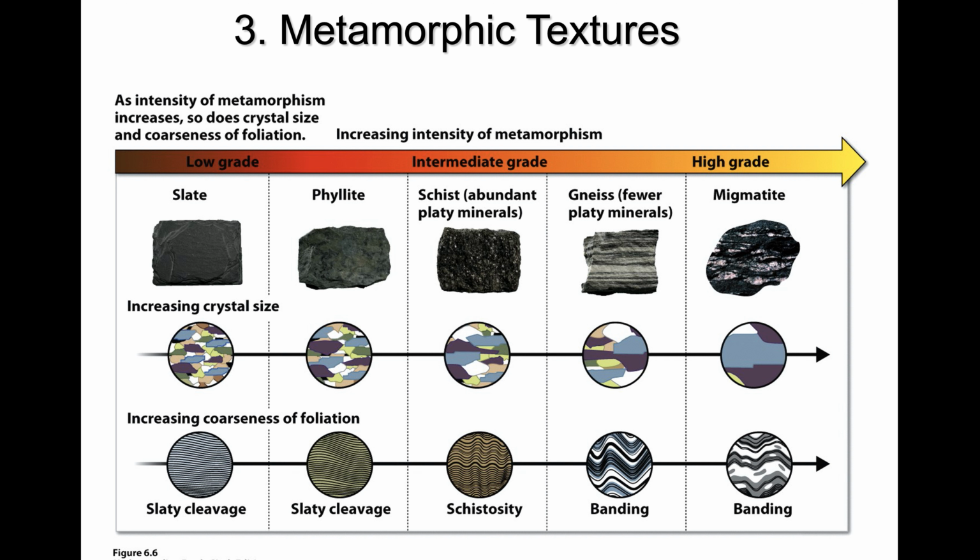When we go from the slate to a migmatite, we increase the crystal size, and we can also observe an increasing coarseness of the foliation. In our slate we have a slaty cleavage. The phyllite still shows a slaty cleavage, whereas in the schist we can observe a schistosity. In the gneiss we can observe banding, and in the migmatite we can observe banding as well.